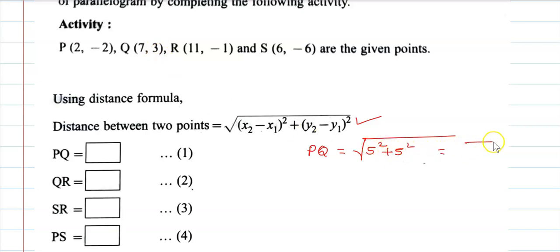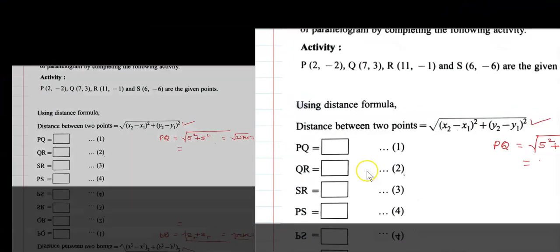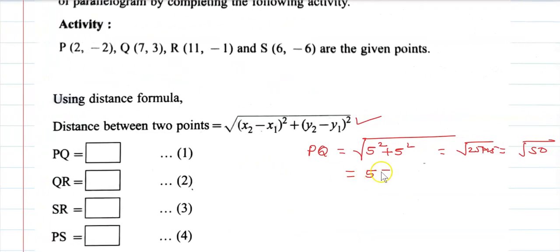That is the square root of 25 plus 25, so you get 50. The square root of 25 into 2, the square root of 25 is 5, therefore PQ is equal to 5 root 2.